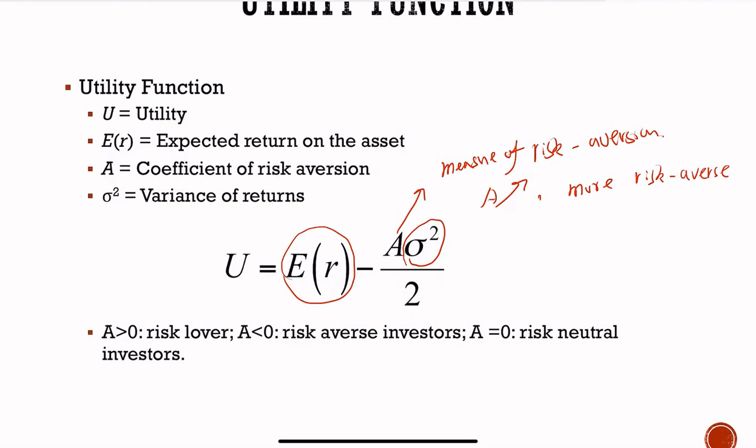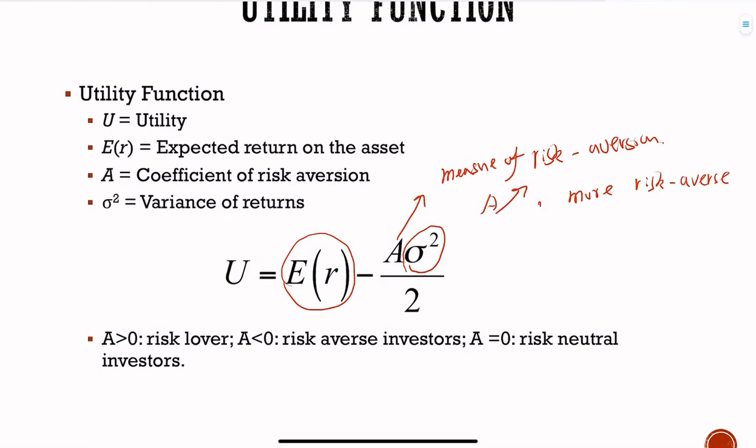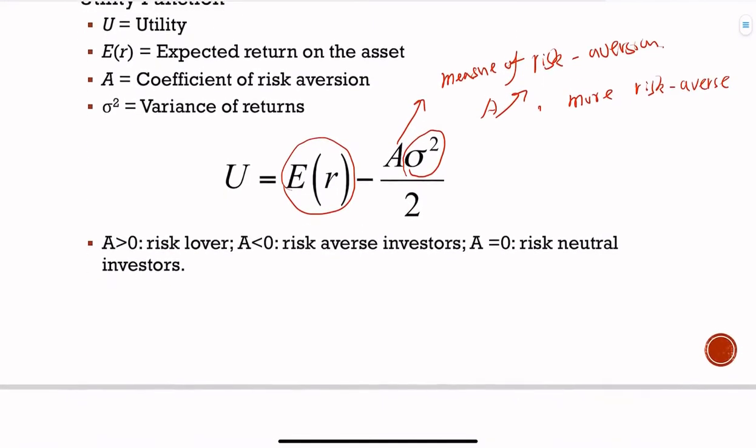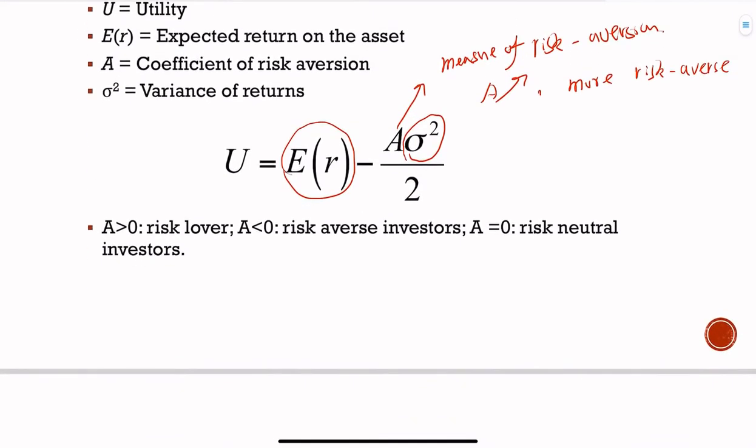It's a really simple function. So don't get turned off by this utility function, this fancy name. Okay, generally in economics, most of the time we assume A is larger than 0.